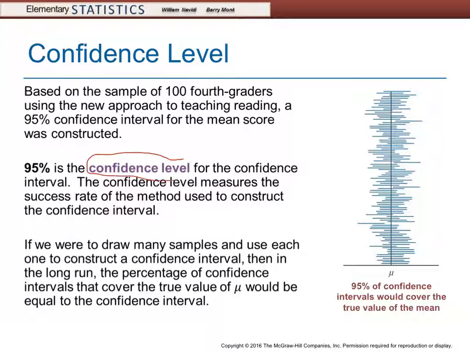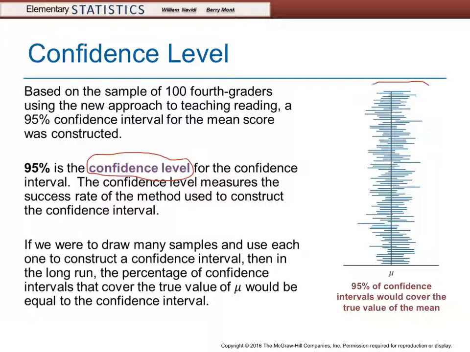The confidence level measures the success rate of the method used to construct the confidence interval. If we were to draw many samples, using each one to construct a confidence interval, then in the long run, the percentage of confidence intervals that cover the true mean would be equal to the confidence level.